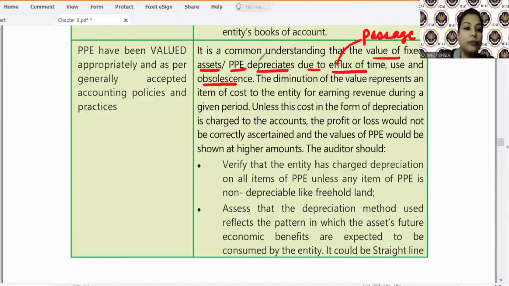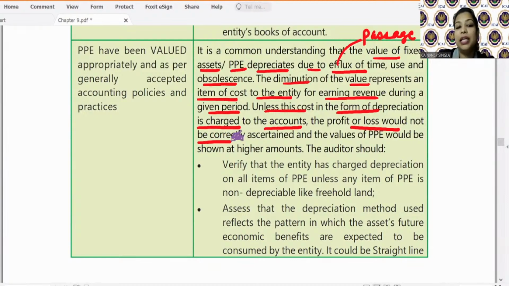The diminution in the value represents the item of cost to the entity for earning revenue during the given period. Unless this cost in the form of depreciation is charged to the accounts, the profit and loss would not be correctly ascertained, and the values of PPE would be shown at higher amounts.